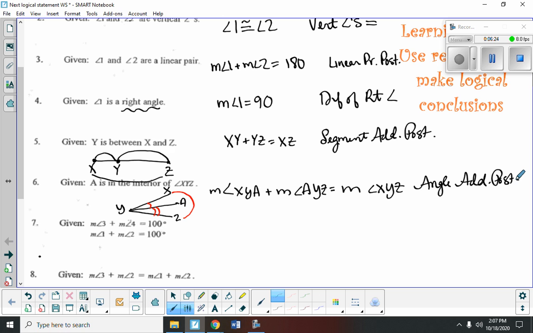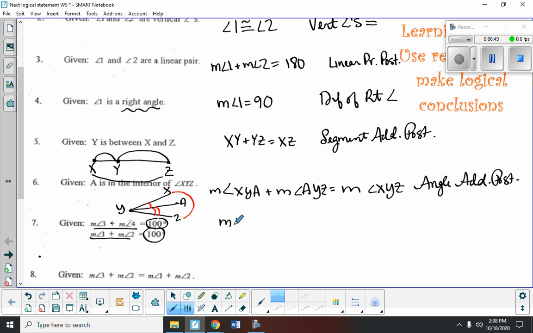All right, the next one says that you're given the measure of angle 3 plus the measure of angle 4 equals 100, and the measure of angle 1 plus the measure of angle 2 equals 100. What would be the next logical statement you could make? Well, if this equals 100 and this equals 100, they both equal 100, then this and this equal each other.